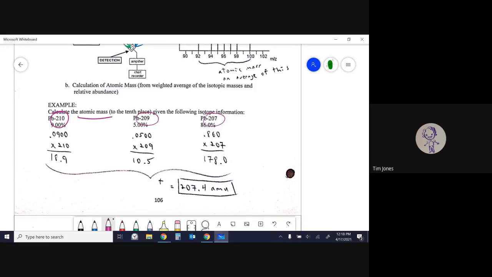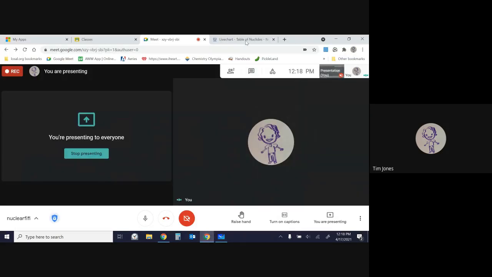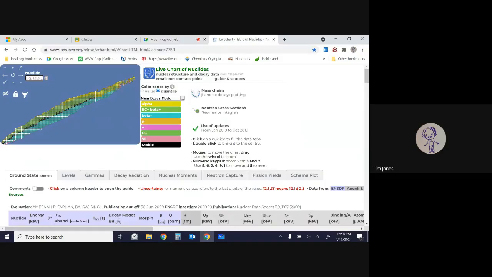And we've been told that the abundance is 9%, 5%, and 86%. Now, this is an oversimplified problem because it's assuming lead only has 3 isotopes. In reality, lead has many isotopes. So I believe I can plug in lead here.